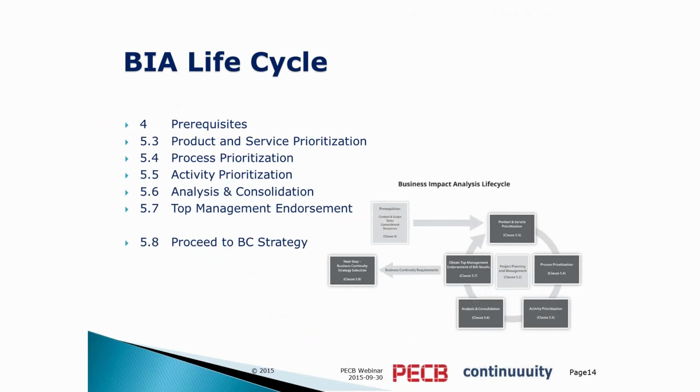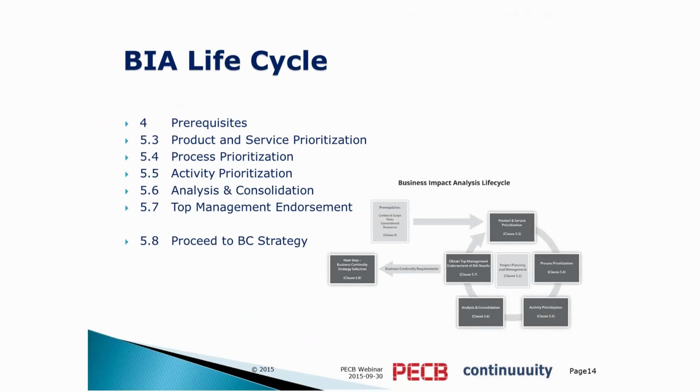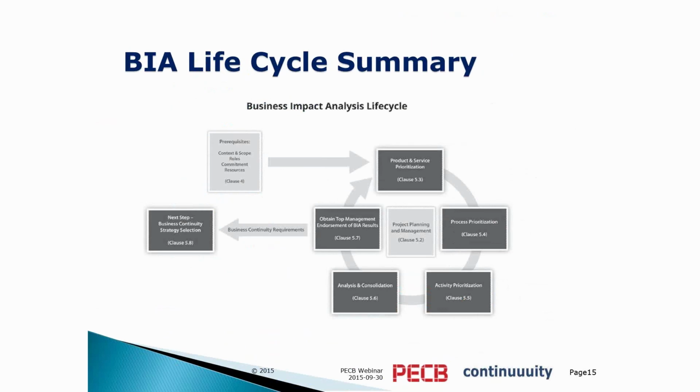What is the goal of the BIA? Actually to lay the foundation, in a certain sense, for the business continuity strategy. So while this standard is about the BIA itself, 5.8 tells us about the succeeding element in the BCM life cycle, the BC strategy. So it also provides a kind of outlook to something which is not in the BIA, but which is the next element.